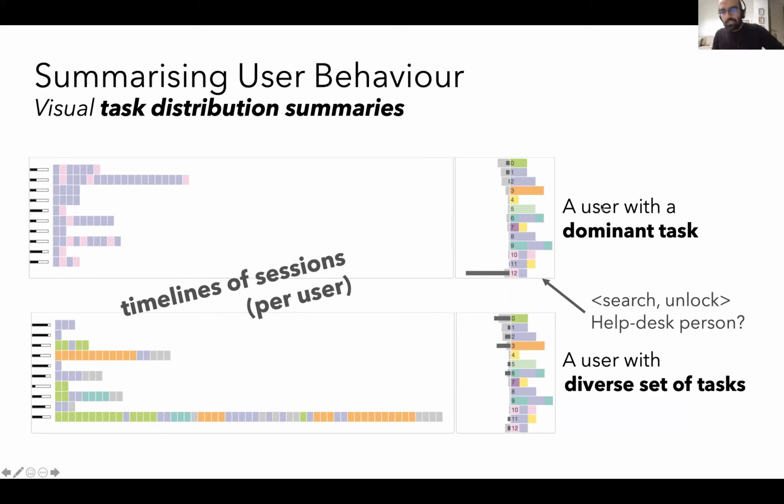The top one is the user with a very dominant task. They've always been doing number 12, which is that search and unlocking behavior, which is likely a help desk person. Whereas if you look at the second user, their sessions are quite varied. They do all sorts of things, and that's revealed also in their task profiles. That's a diverse user that will be very hard to model as well.